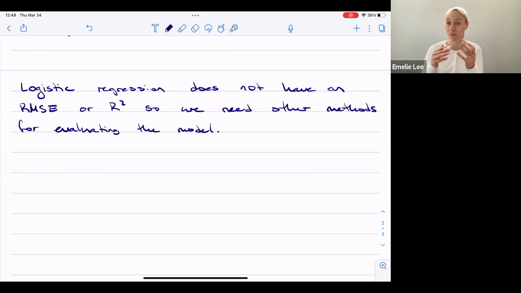We understand that sometimes I'm right. A 1 really is a 1 and a 0 really is a 0. But if I have a 1 and I predicted it to be a 0, that's a different kind of wrong than if I have a 0 and I said it was going to be a 1. And usually we're more concerned with the ones.